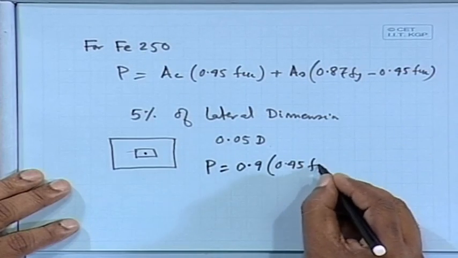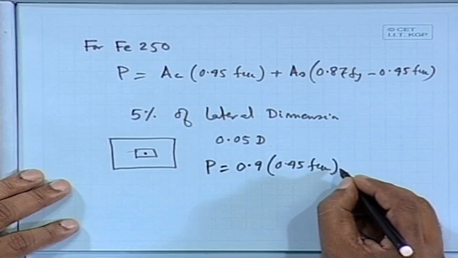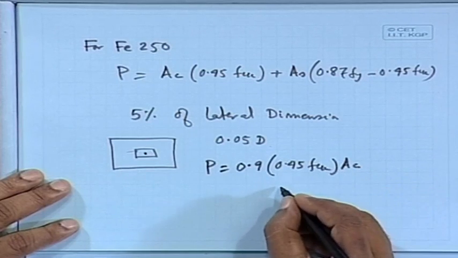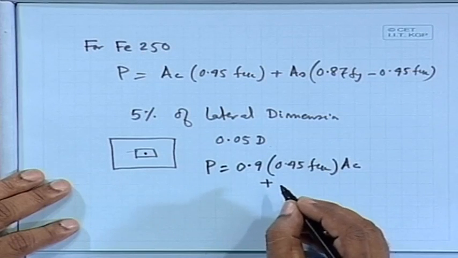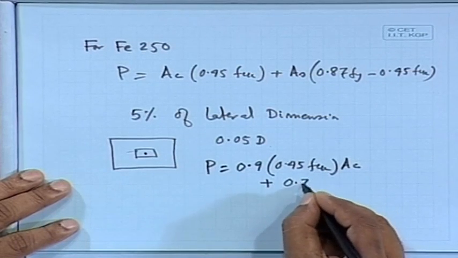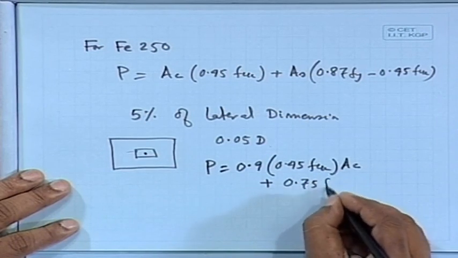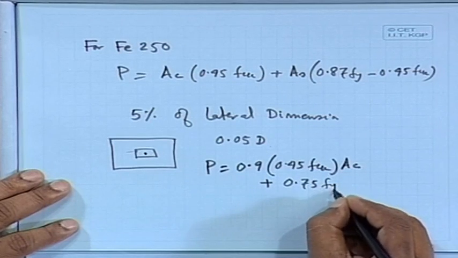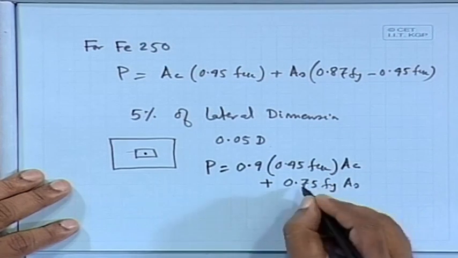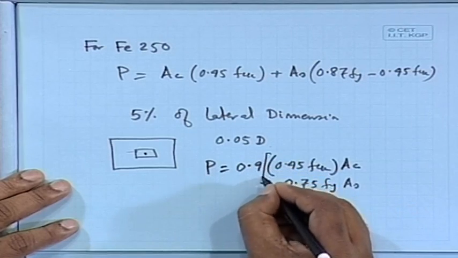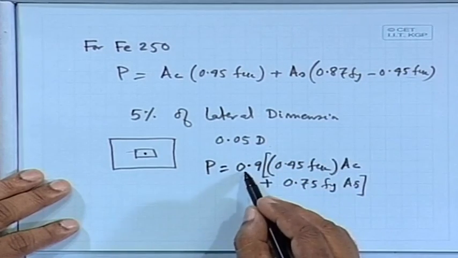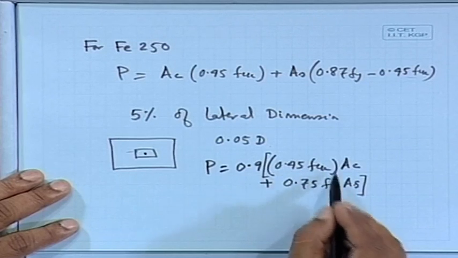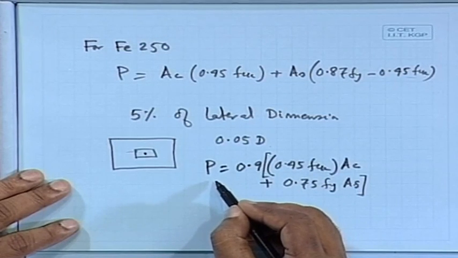So, 0.45 FCK times AC plus, if we ignore the other value, 0.75 FY AS, I mean to say if we ignore this portion, then we get 90% of this value, and we shall take it as the allowable one.